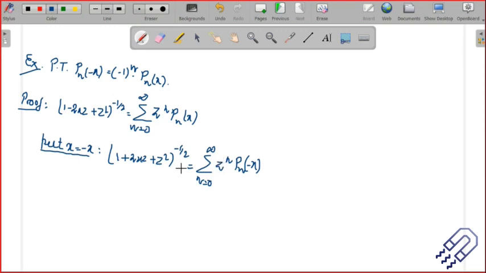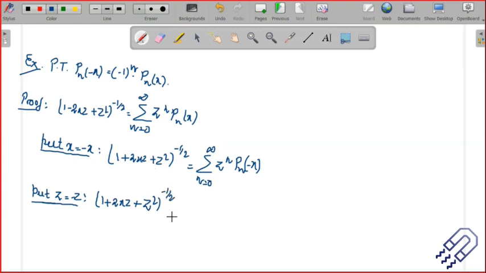Okay, so we are going to do it in two steps. So first thing is this. In the next step we are going to say put z = -z. You will understand why we are doing this. So if I do it on the right hand side, on the left hand side it will be (1 + 2xz...) in place of z we are putting minus z. So this is minus z, so this is plus, and z² remains the same, so this is there, to the power minus half.